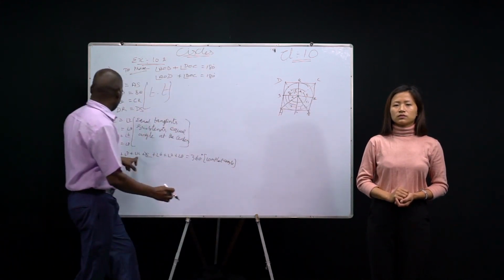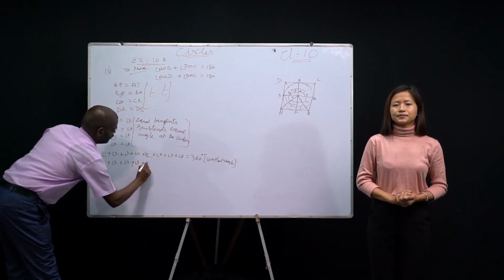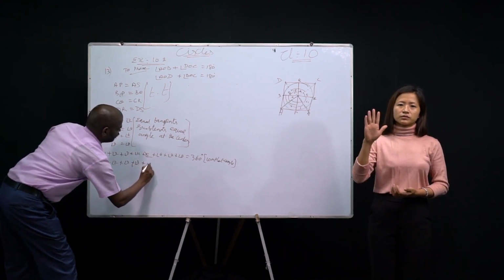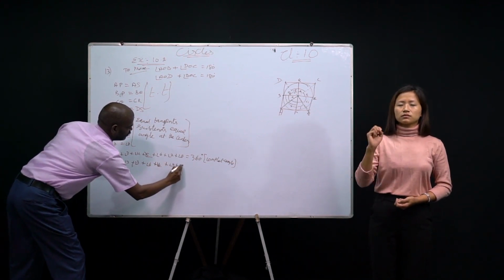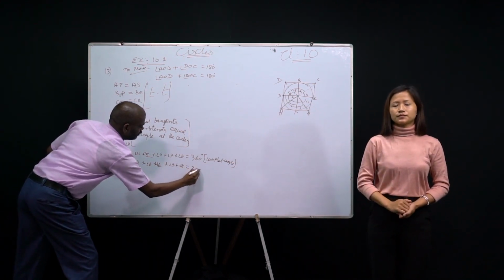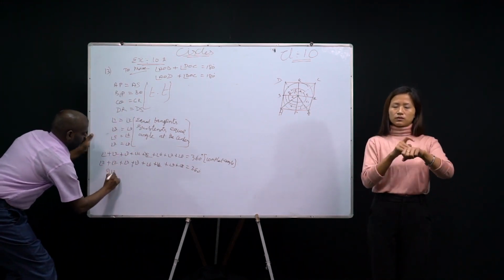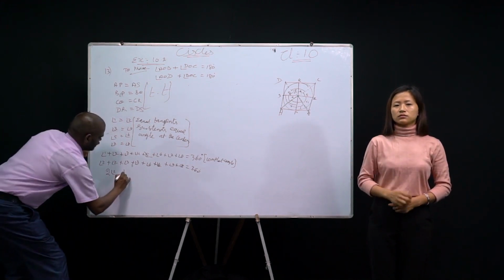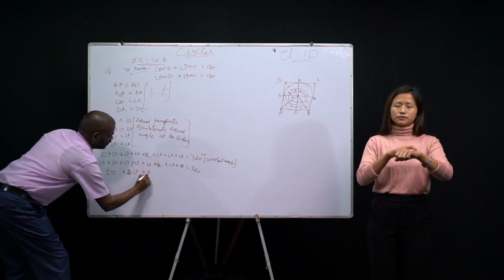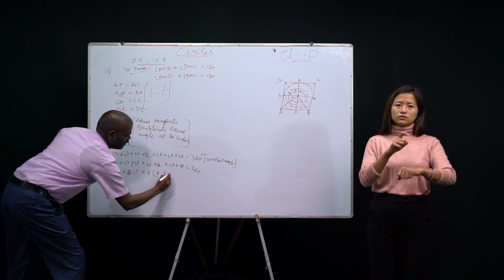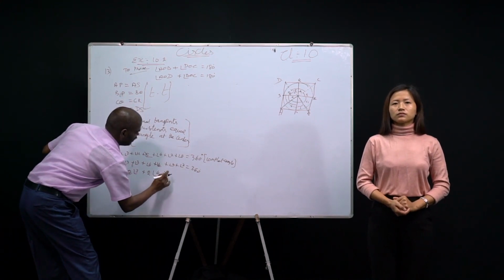So in place of 4 what can we write? 3. 5 we don't need, 6. 7 needed, 8 no need. 2 times angle 2, there are two angle 2s, right? Plus angle 3 also 2 times. 6 also 2 times. 7 also.